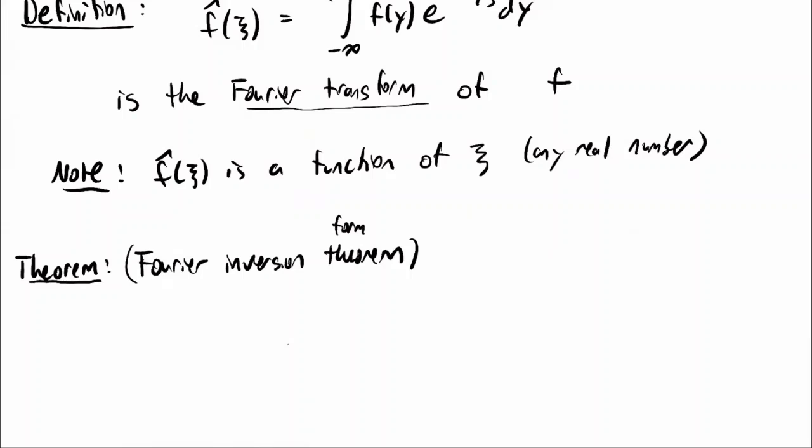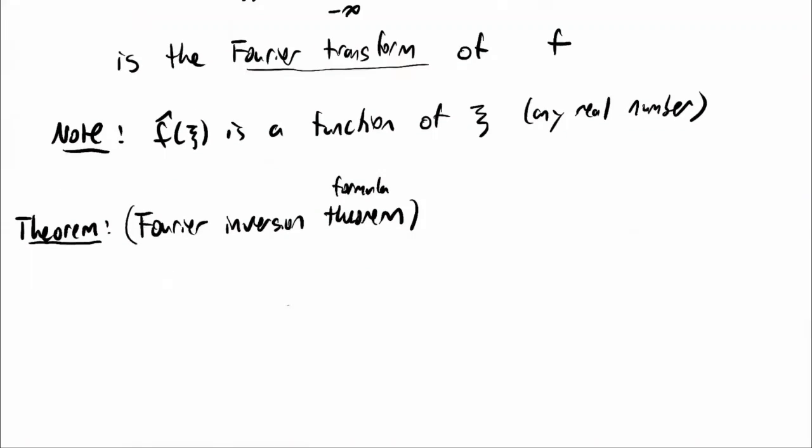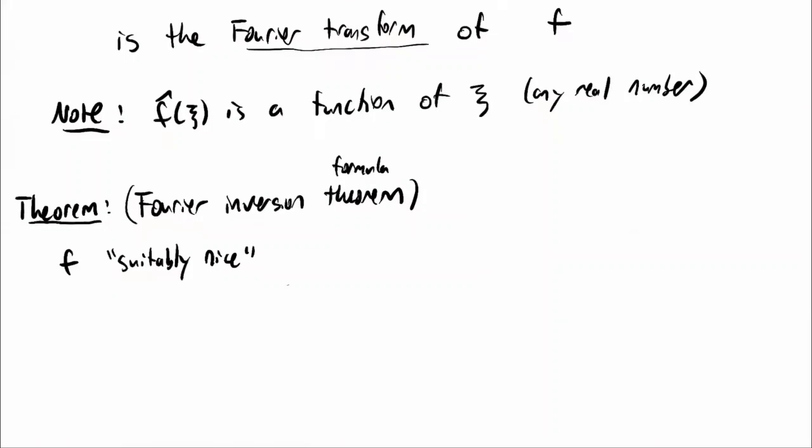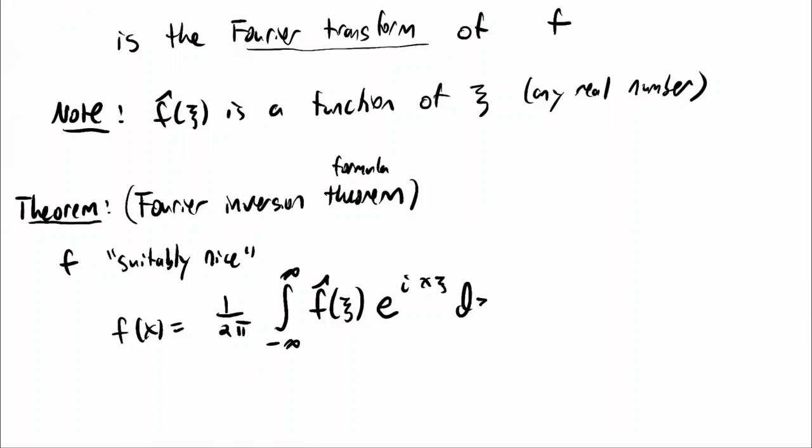or formula, and it says that, let's say I have a function f of x which is suitably nice. For example, maybe the function decays at a fast enough rate as you go towards positive or minus infinity, and the function has sufficiently many derivatives. Then I can write my function as 1 over 2 pi times the integral from minus infinity to infinity of its Fourier transform f hat of c times e to the i x c dc.